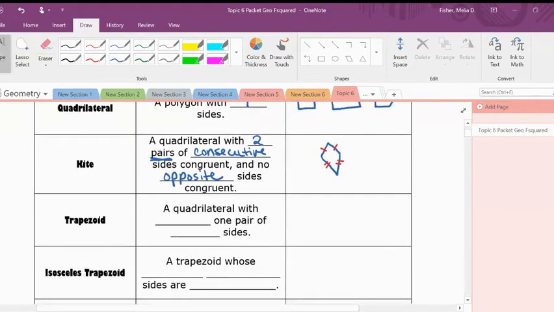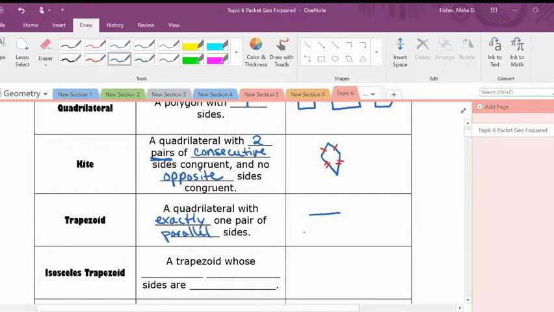A trapezoid is a quadrilateral with exactly one pair of parallel sides. A quadrilateral with exactly one pair of parallel sides.